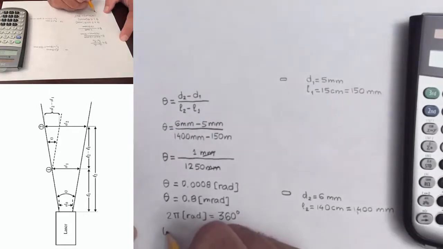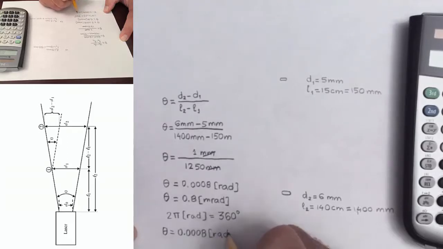So our beam divergence theta is going to be equal to 0.0008 radians, and then you can multiply it by 360 degrees over 2 pi radians.